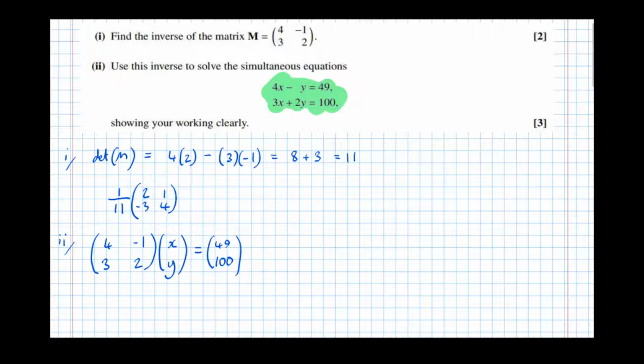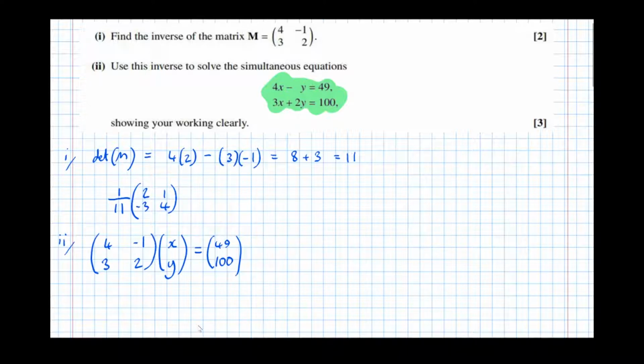Anything in blue is part of my exam answer. Anything in red I'm going to do is just explanation. If I multiply that out, 4x minus 1y equals 49. Put that back. And 3x plus 2y equals 100. So we've written those simultaneous equations in matrix form.